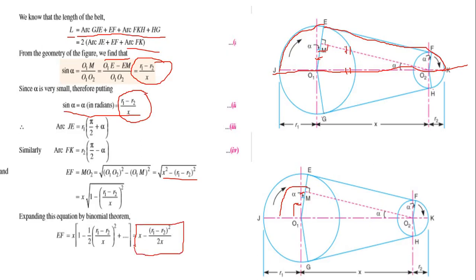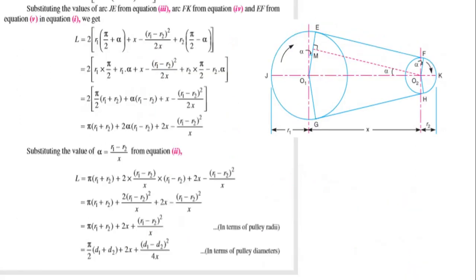So student, put the values one by one here: arc JE, EF, and arc FK. The length is equal to twice of, this is JE, R1 into pi by 2 plus alpha, plus X minus this is the length of EF, and this is the arc FK.